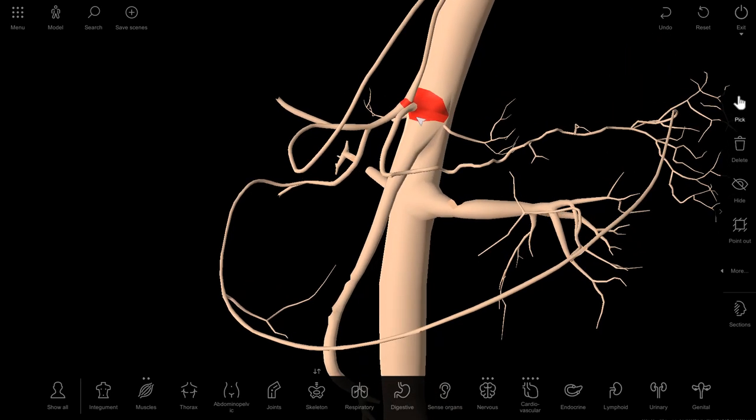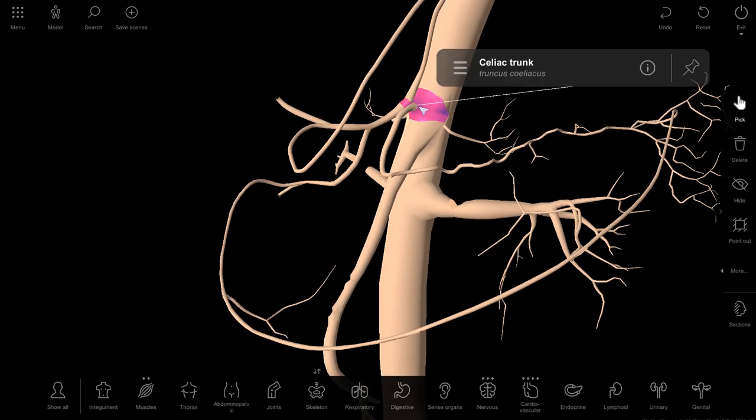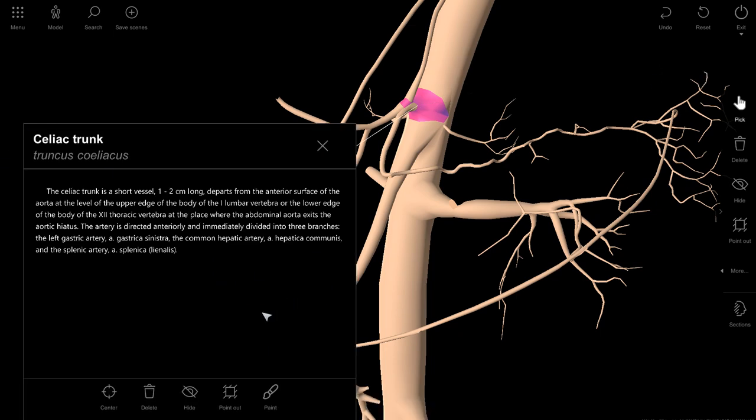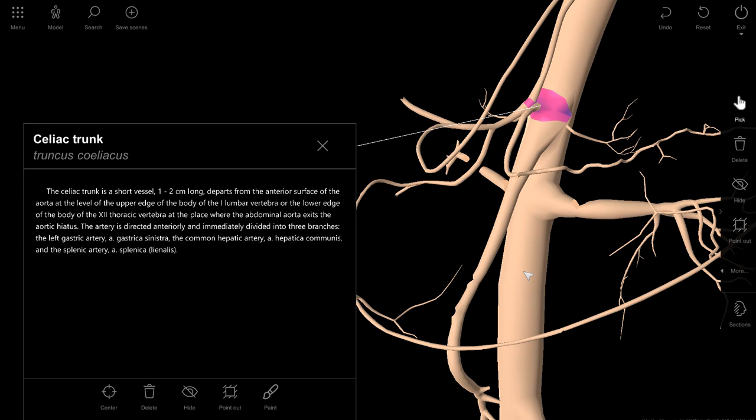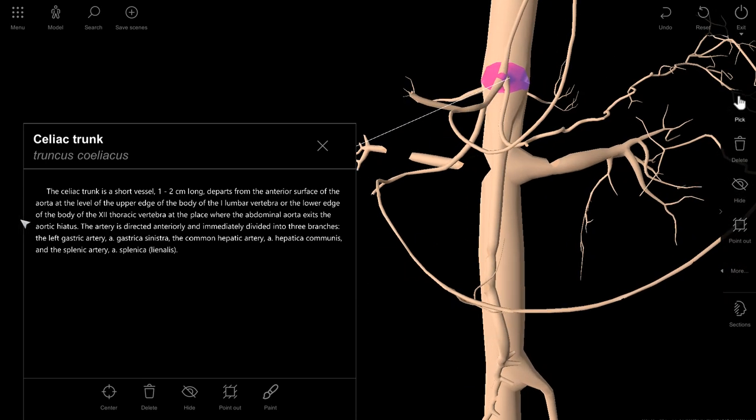Here it is, of red color. It's celiac trunk. Let's read the information about celiac trunk. The celiac trunk is a short vessel, 1 or 2 centimeters long.